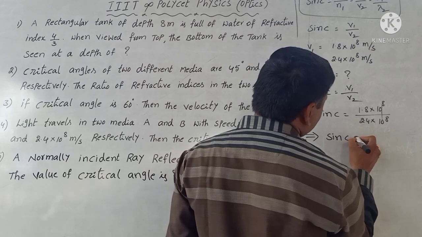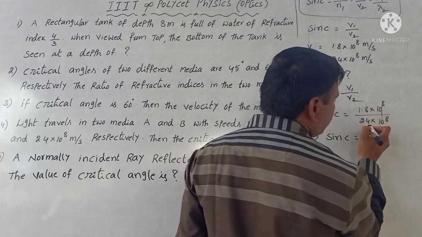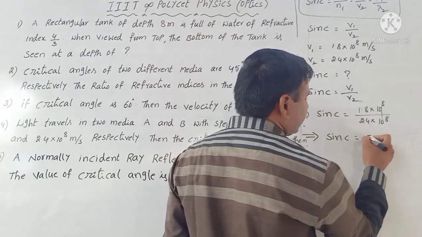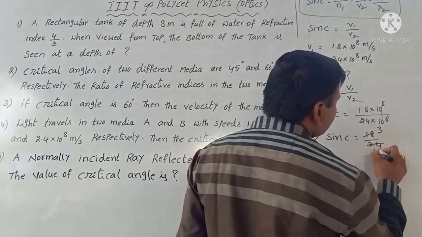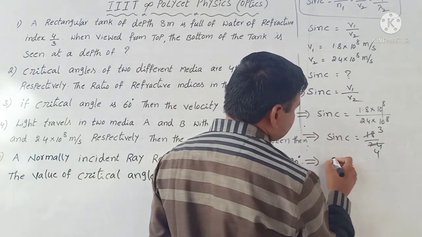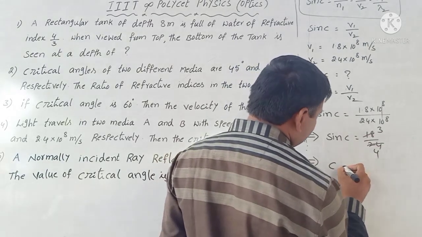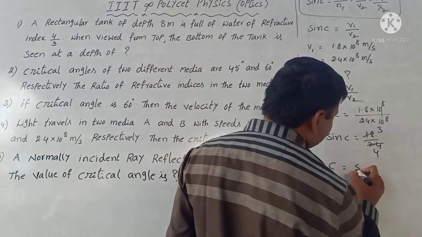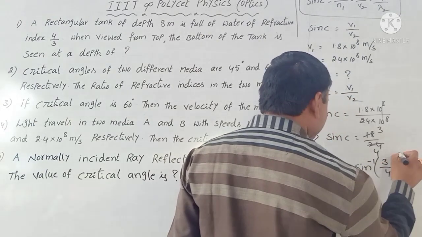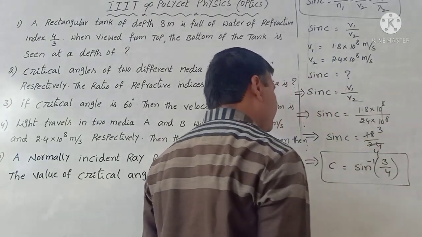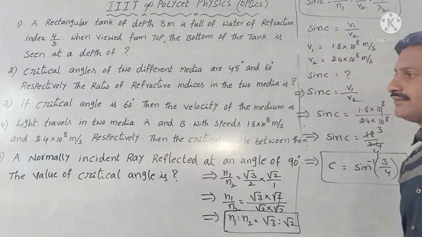Sin c = 1.8/2.4, multiplying and dividing by 10 gives 18/24. Six 3s are 18 and six 4s are 24. So sin c = 3/4. Then c = sin inverse 3/4. This is the critical angle for the two speeds.